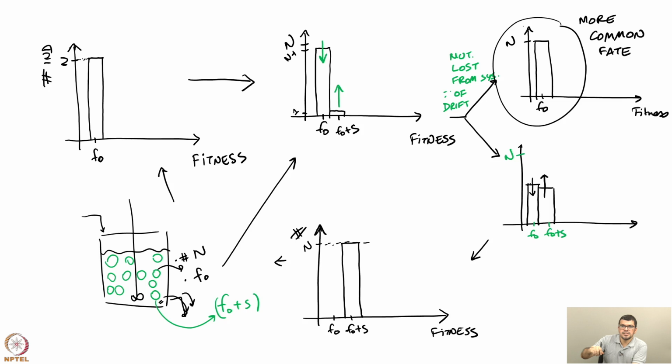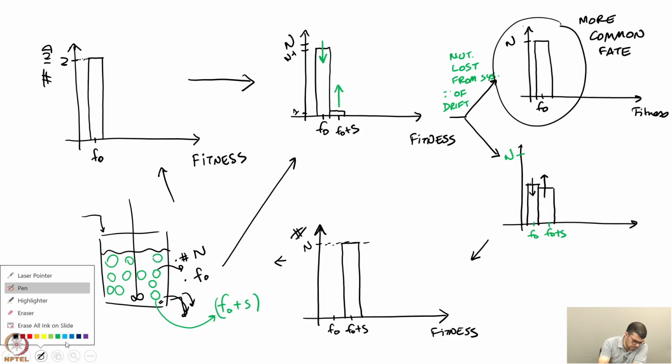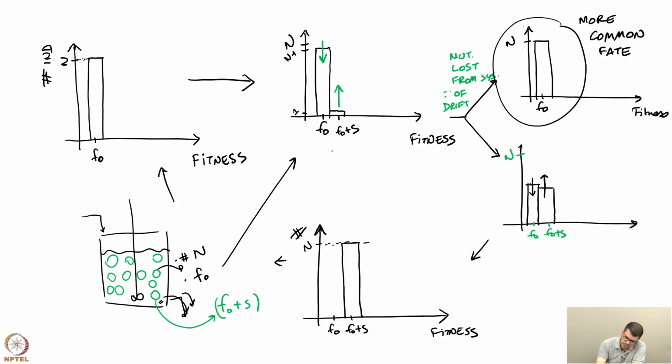And this has represented a cycle where a beneficial mutation occurred. So this was the event that a beneficial mutation occurred.